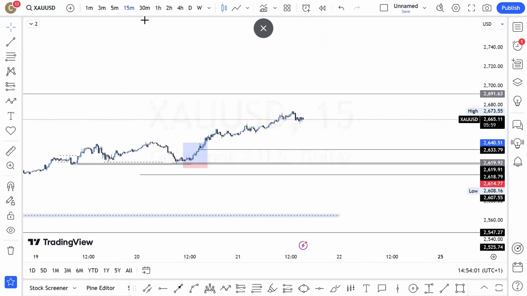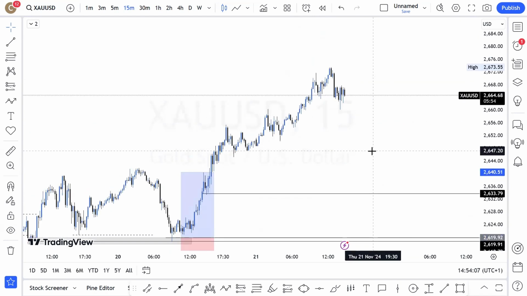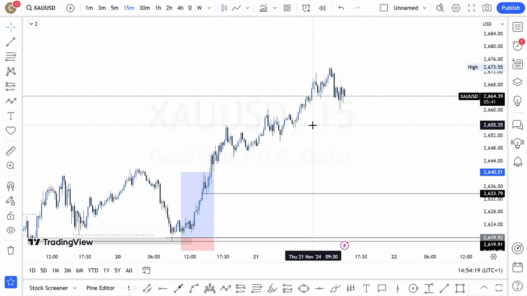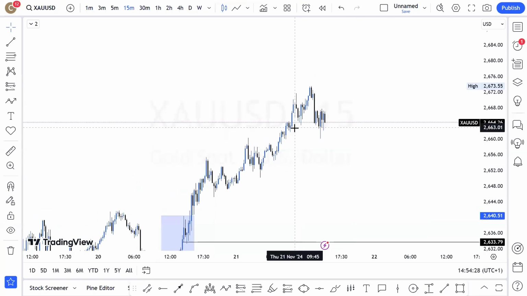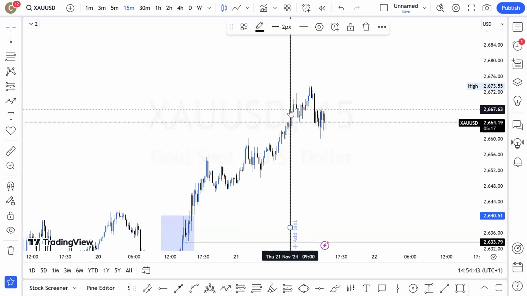Now, let me go to 15 minutes. Gold. That was around 9 a.m. Sorry, 9 a.m. Around 9 to 9:30, so it got back to a demand zone. 9 a.m. in the morning is somewhere around here. 9:45, 10 o'clock.